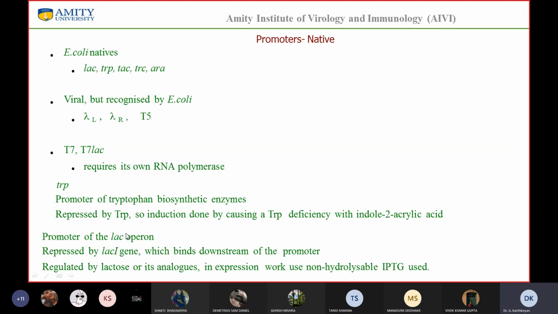And as I said, the lac operon we are all very familiar with by now. The lac operon is repressed by the LacI gene product, which binds downstream of the promoter, and it is regulated by lactose or its analogs like IPTG. It's a beautiful system, something we are well versed with.